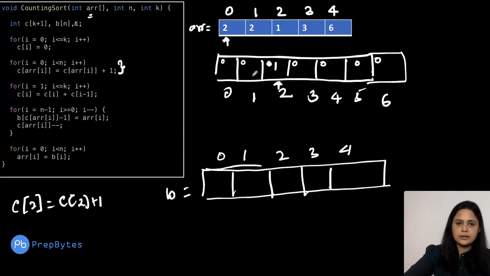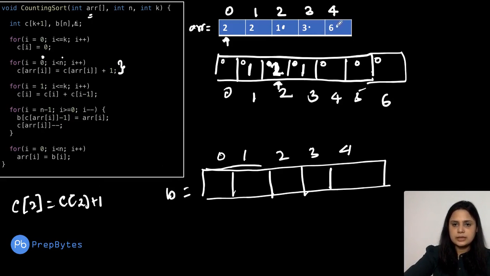I do the same thing, c of 2 equals c of 2 plus 1, so it becomes 2. Now I have value 1. The count of 1 is 0 right now, so I increment it by 1, and it becomes 1. Now I have 3 here, I go to index 3. What is the value at index 3 right now? 0, I increment it to 1. So as you can see, I start from 0 and go till n minus 1.